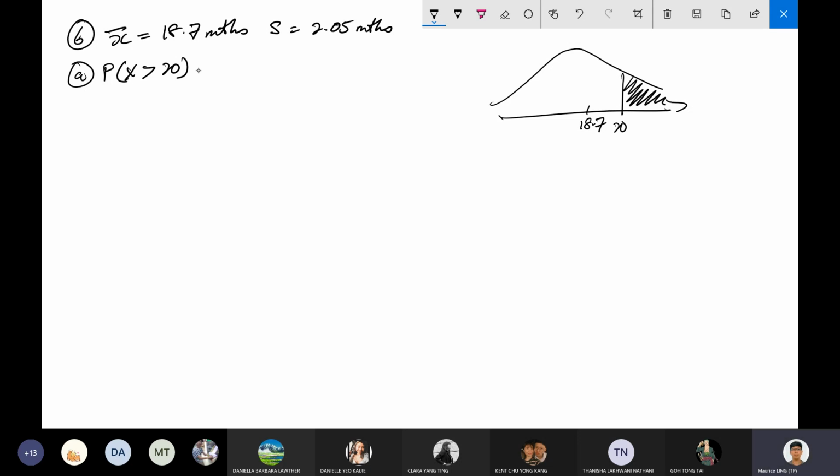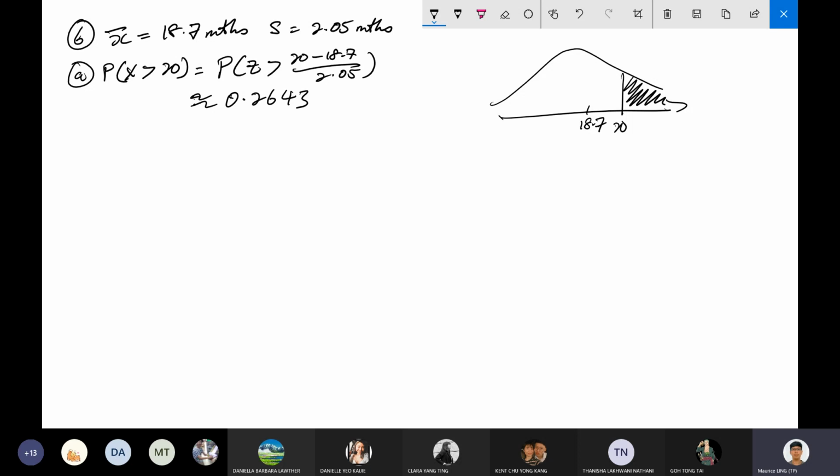Okay, so this one you convert back to the Z value. 20 minus 18.7 divided by 2.05. Okay, then you read off the table, that gives you approximately 0.2643.